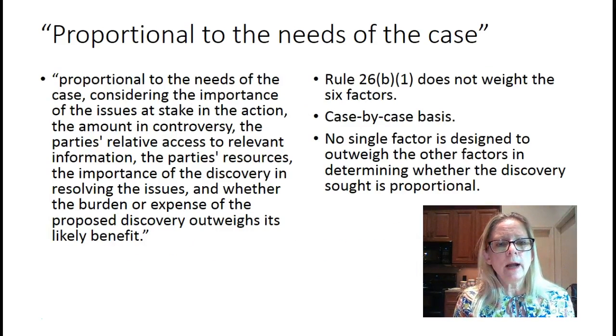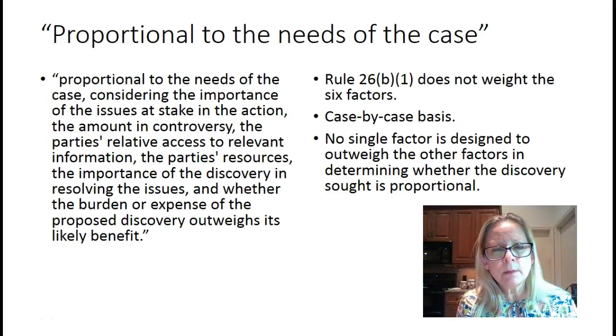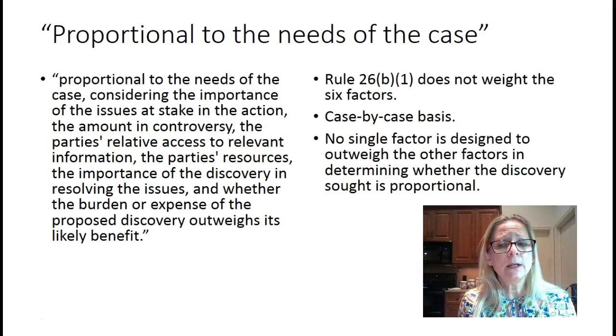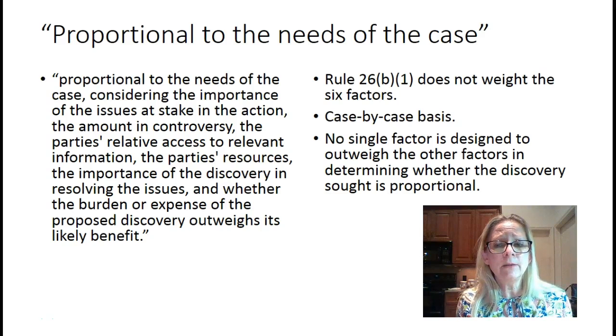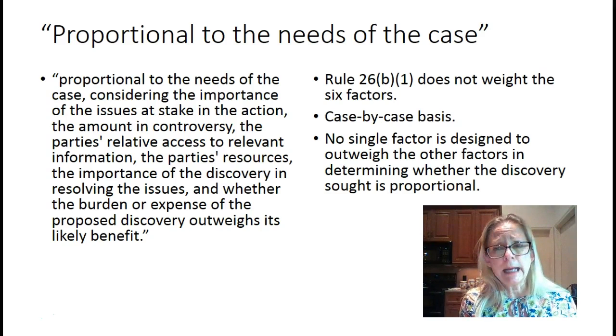So here are the six factors of proportional to the needs of the case. And the advisory committee, in its notes, has not weighted these factors. It is to be determined whether a given item that's requested in discovery is proportional on a case-by-case basis.